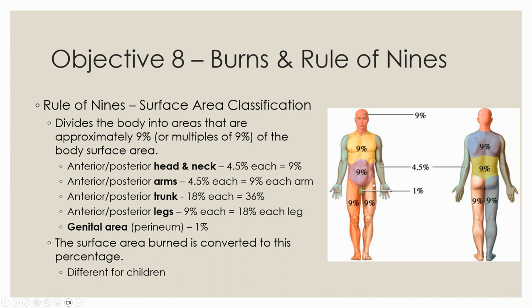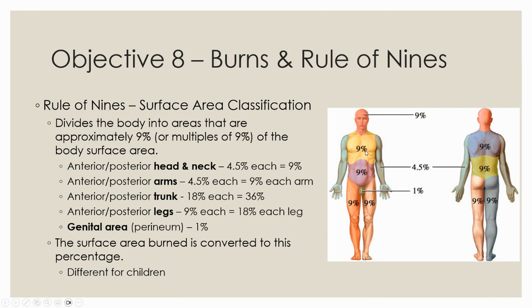Now the arms are going to be 4.5 front and back, so that gives you a total of 9% for each arm. Once again, 4.5 for the anterior arm, 4.5 for the posterior arm, so 9 for the whole arm. Each arm is 9.